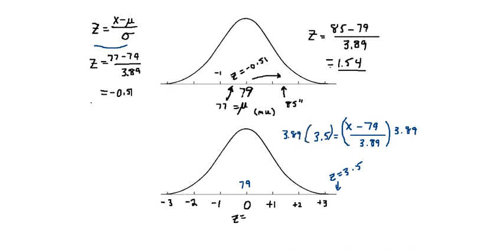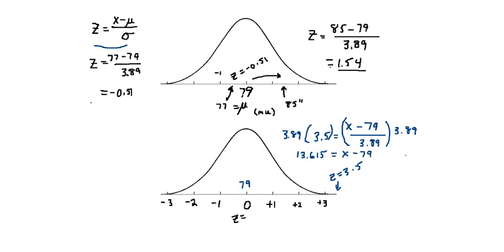So in my calculator, I'm going to take 3.89 times 3.5, which gives me 13.615. So that means 13.615 is equal to x minus 79.